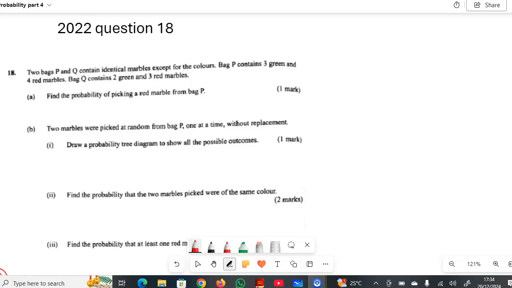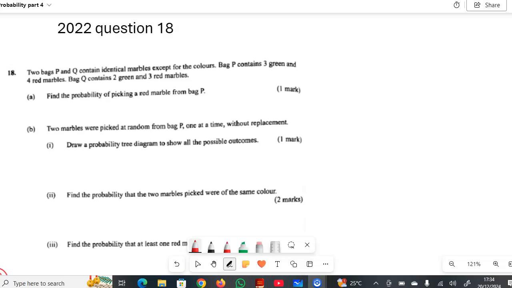Question number 18, and it reads, 2 bags P and Q contain identical marbles except for the color. So bag P contains 3 green and 4 red marbles, and bag Q contains 2 greens and 3 red marbles. Find the probability of picking a red marble from bag P. Then 2 marbles are picked at random from bag P one at a time without replacement.